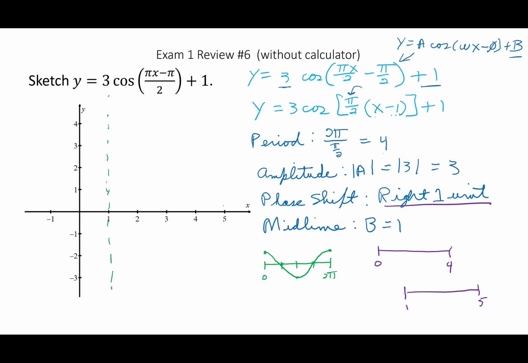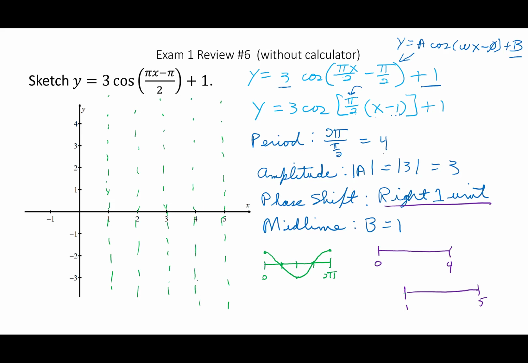Our last quarter mark is at x equals 5. Our middle quarter mark is going to be right in the middle here at x equals 3. And then again, we'll split twice more to have a quarter mark at 2 and a quarter mark at 4.